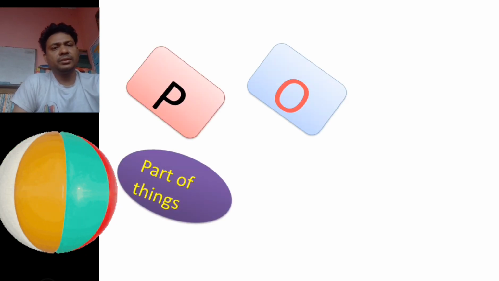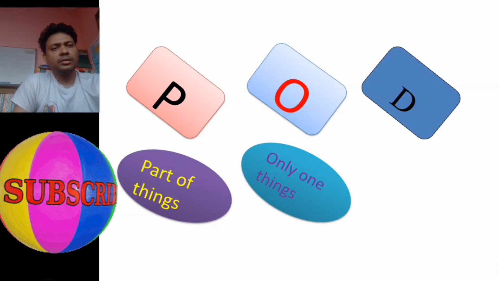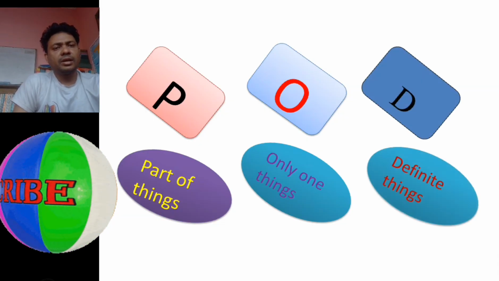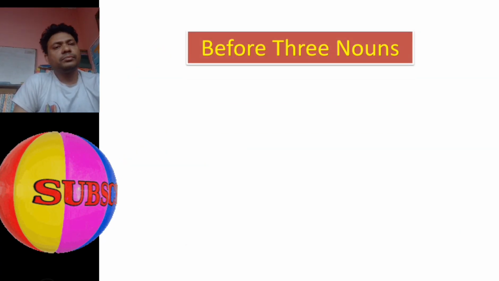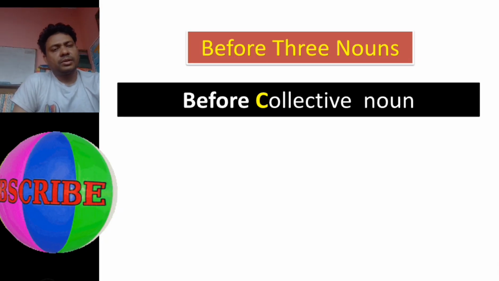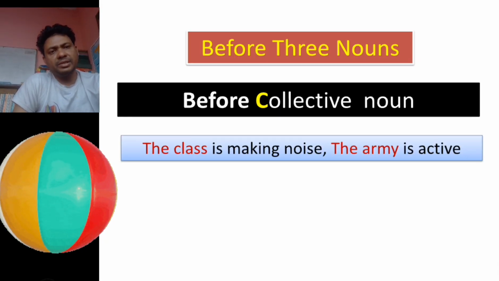Part of things, only one thing, and definite thing: first letter P-O-D. Before three nouns: before collective noun, the class is making noise, the army is active.